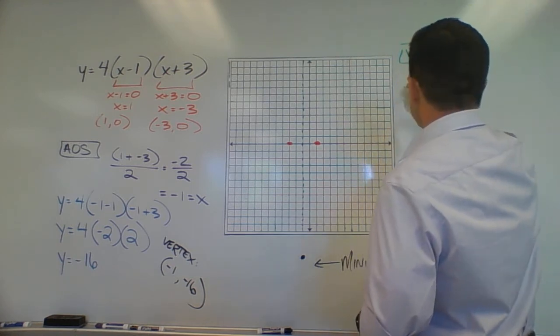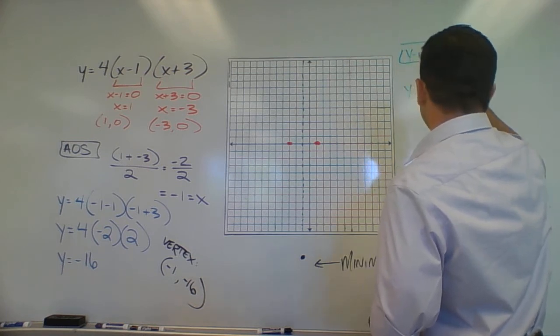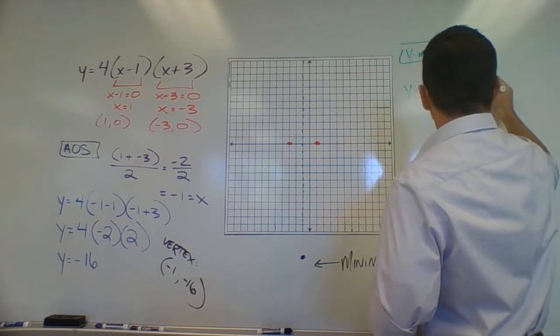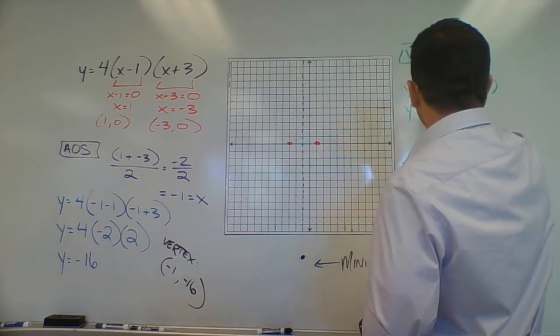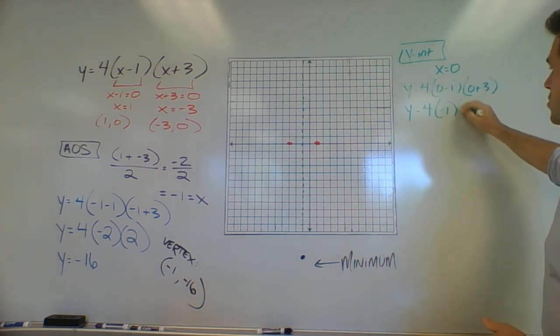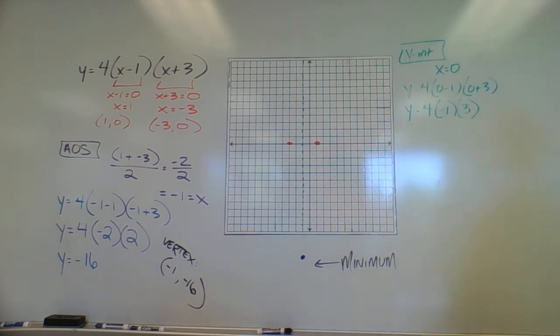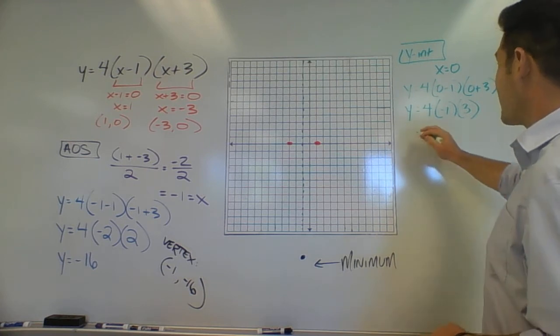I'll take the original function and I'll plug 0 in wherever I see the letter x. And I'll have 4 times 0 minus 1 is -1. 0 plus 3 is 3. Multiply it out. 4 times -1 is -4. -4 times 3 is -12.